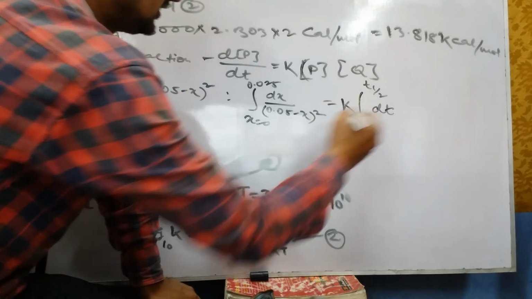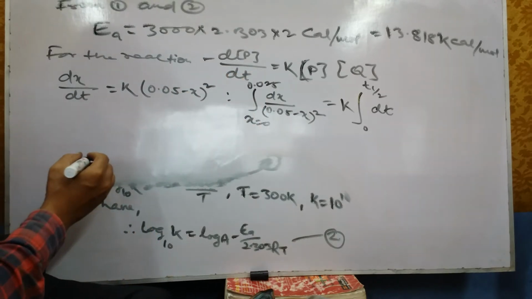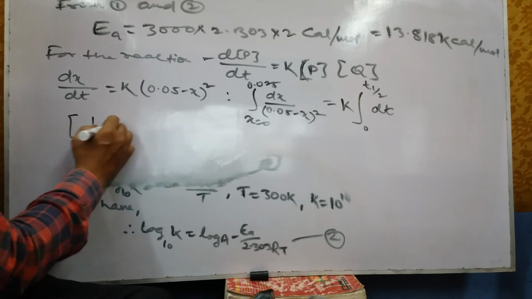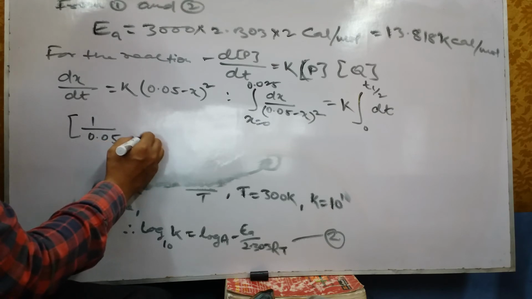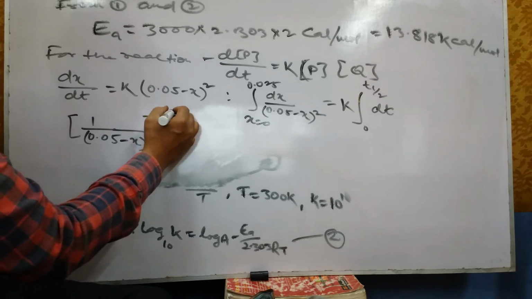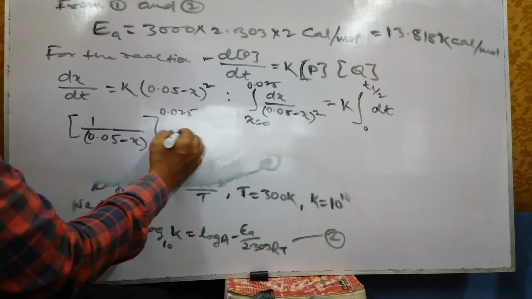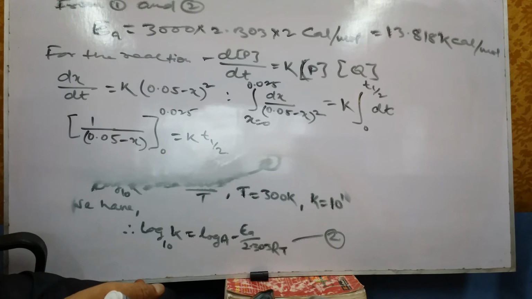After solving this term, we will get 1 by (0.05 minus x) from 0 to 0.025 equal to K t half, the half-life period. For half-life, x is equal to a by 2, and you put x equal to a by 2 in the second order reaction to get the half-life.